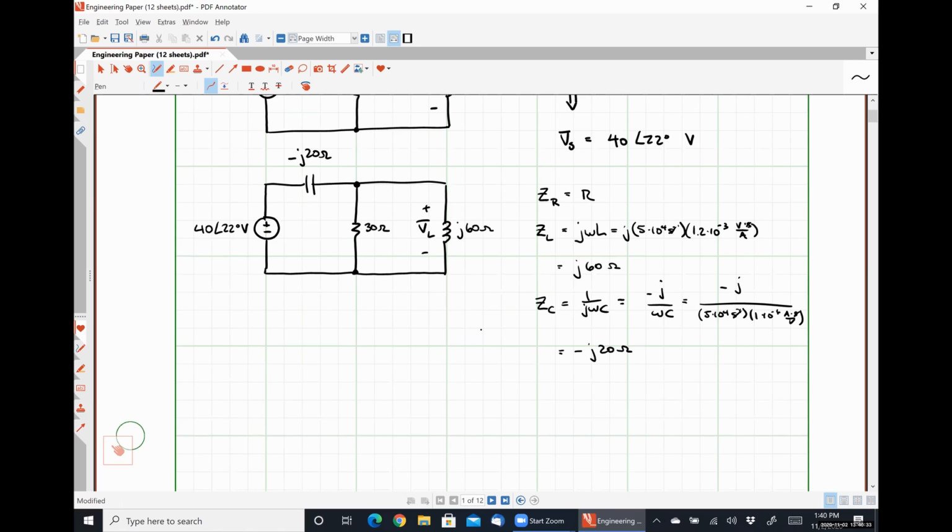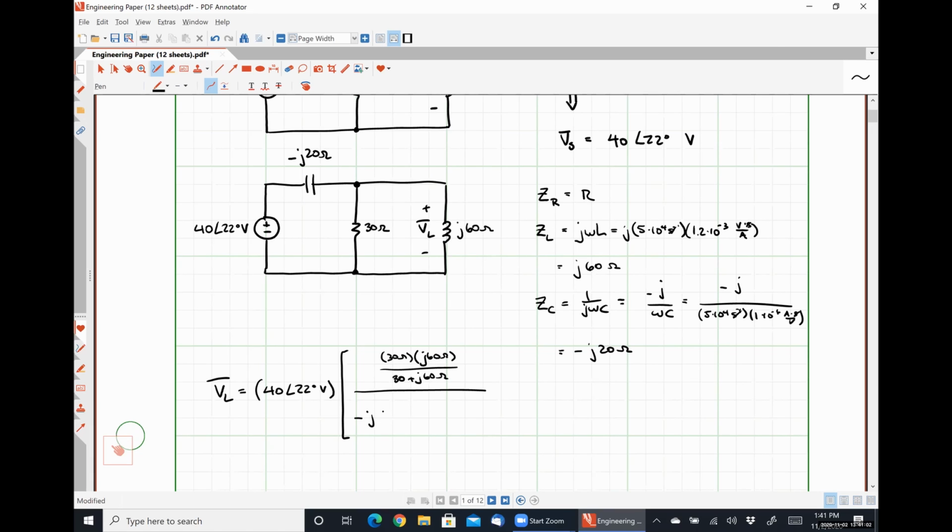So from that, VL is going to be my source voltage, 40 angle 22 degrees volts, multiplied by, so now I'm looking for the voltage drop over those two elements that are in parallel. So that's going to be 30 times j60 over 30 plus j60.